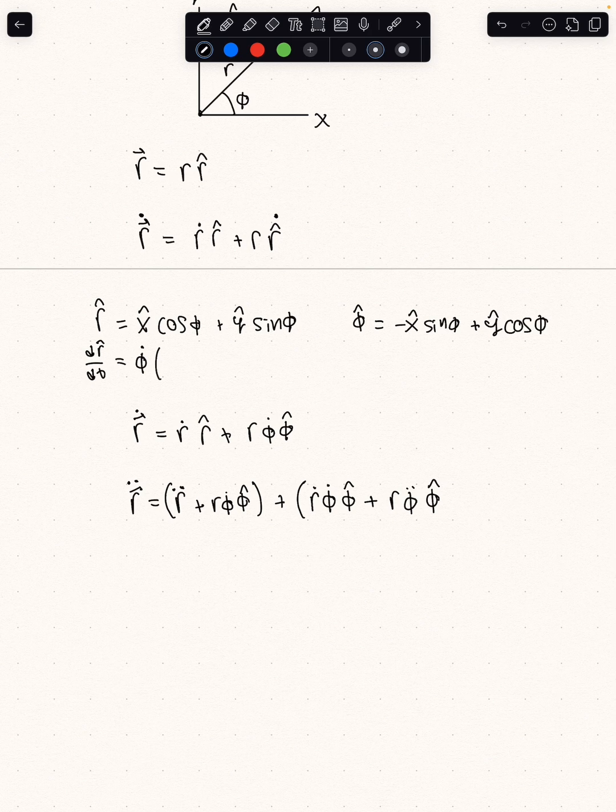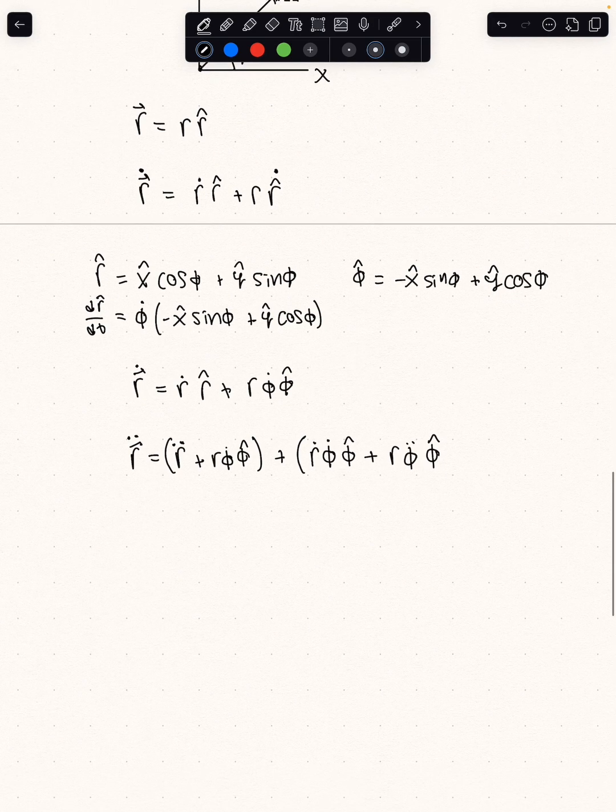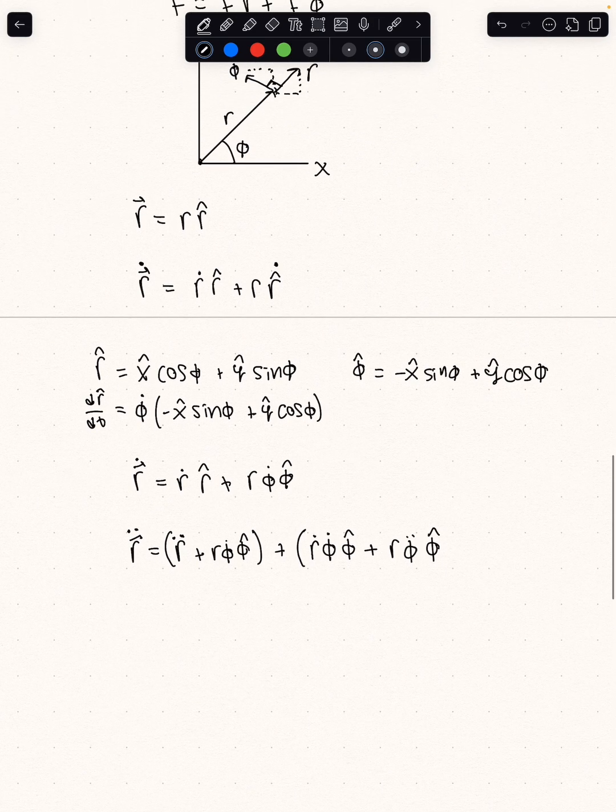Then cosine goes to negative sine, still in the x hat direction because x hat and y hat in this case are constants. And then sine goes to cosine, still with the y hat. And these here just come from phi hat. So this becomes phi dot phi hat, which we found before, plugged in here.